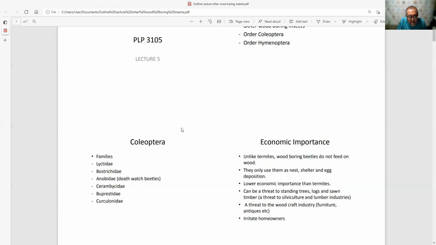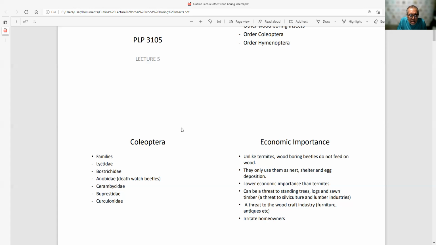Now, the list that you read on this note, these are all beetles that live in wood or wood structure. Okay, they don't feed on wood. Again, I have to stress, please bear that in mind. They do not consume wood, yeah? But they do live.